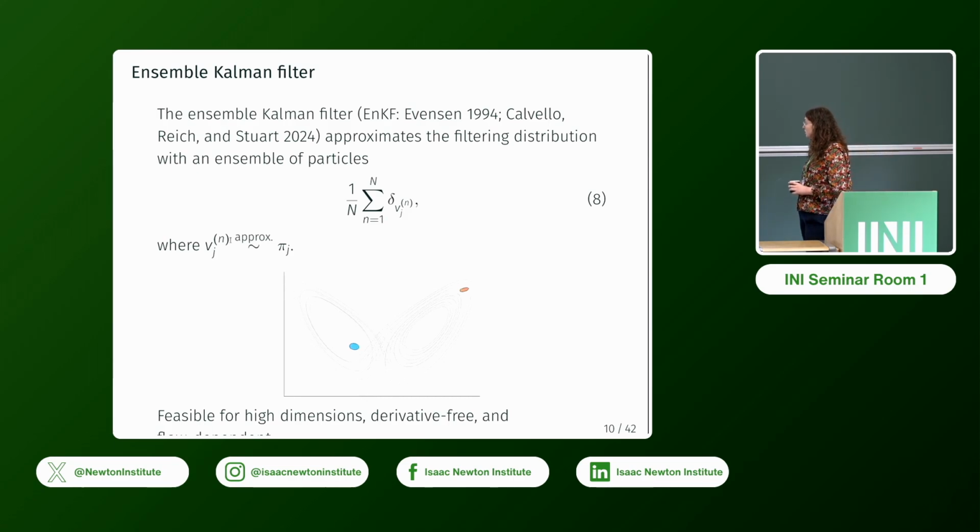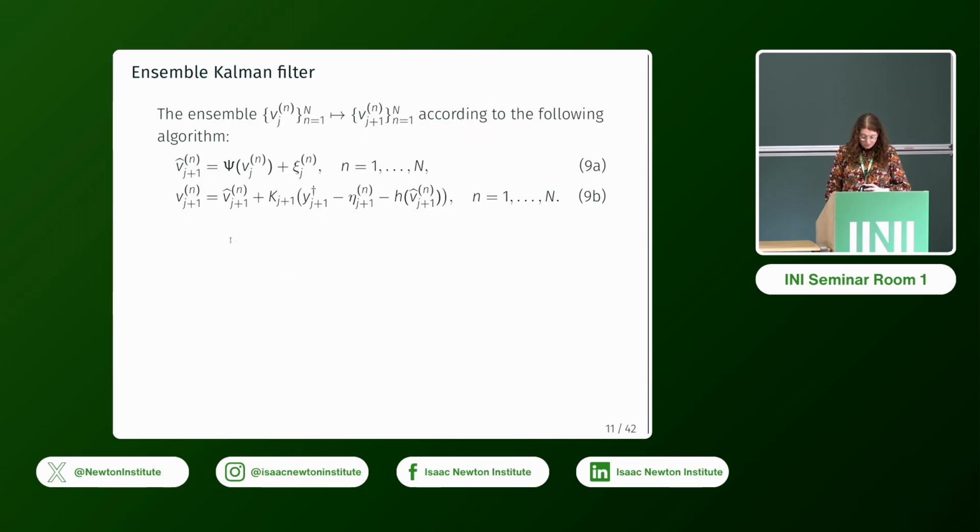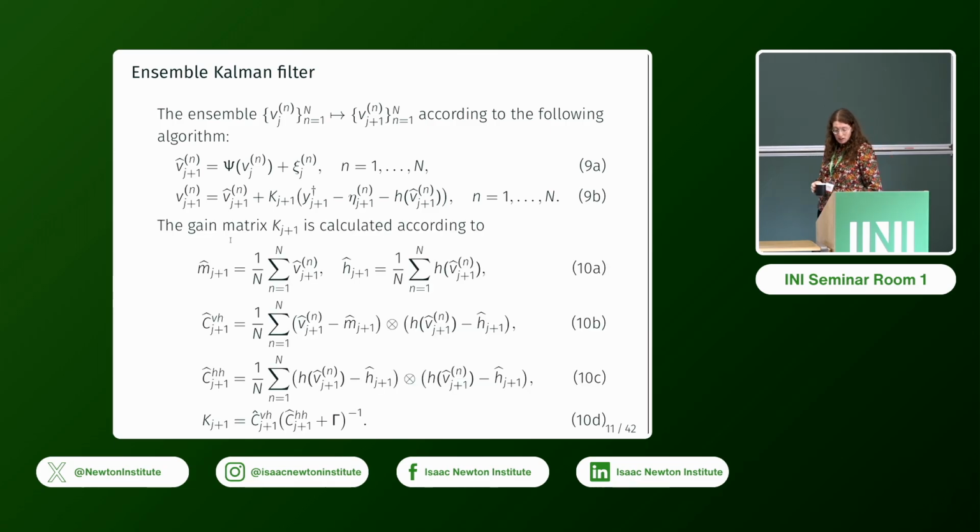It's also feasible for high dimensional systems using some tricks that I'll describe. It's derivative free, and it has this flow dependence. And it generally works even with a relatively small number of particles, even for high-dimensional systems. I won't go into much detail, but essentially, the ensemble Kalman filter looks quite similar to the regular Kalman filter. We have this ensemble of particles that I'll index using little n, and then in the forecast step, you apply the forecast model to each of the particles.